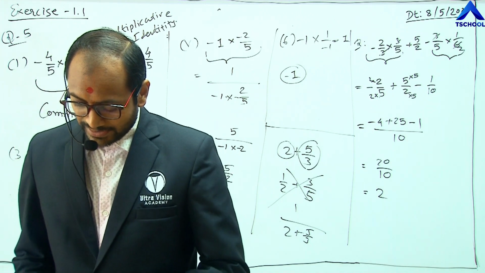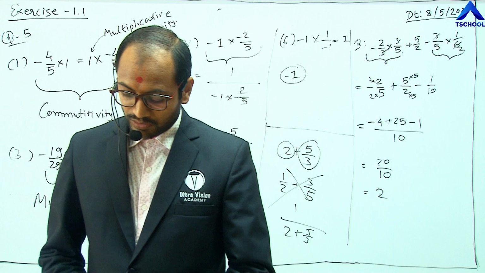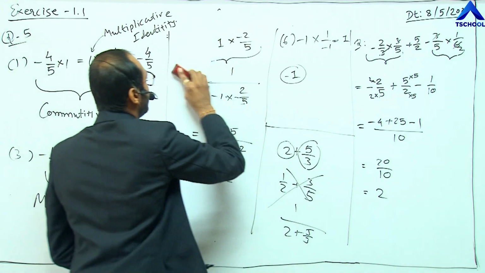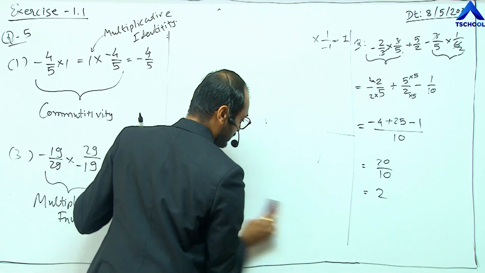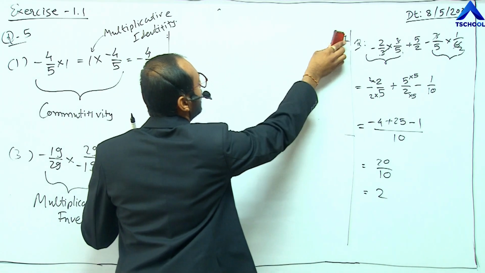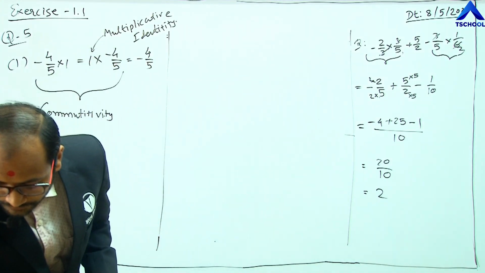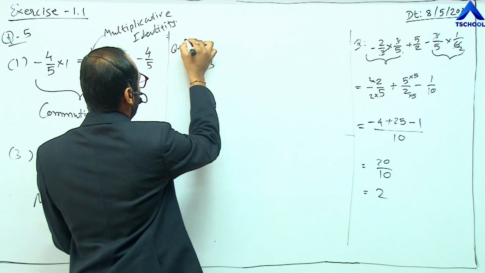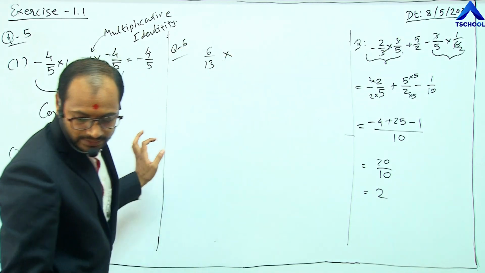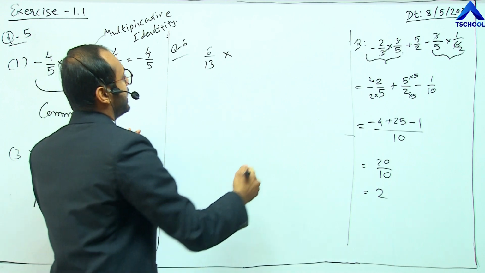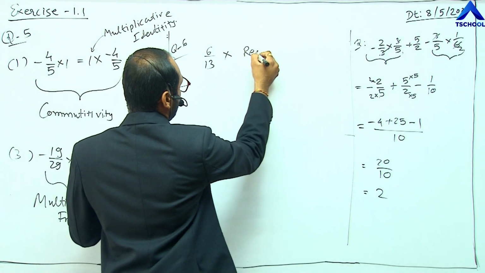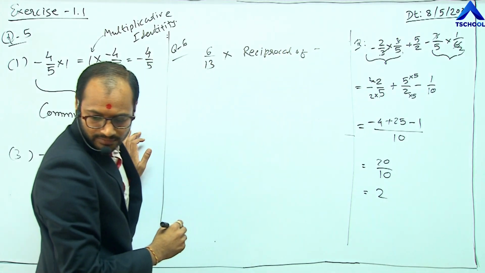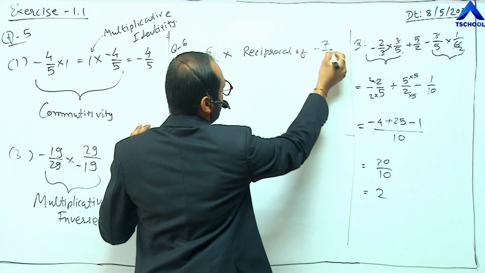Sixth, multiply 6 by 13 by the reciprocal of 7 by 16. How can you multiply? What do we have to do? Multiply 6 upon 13 with the reciprocal of minus 7 by 16.